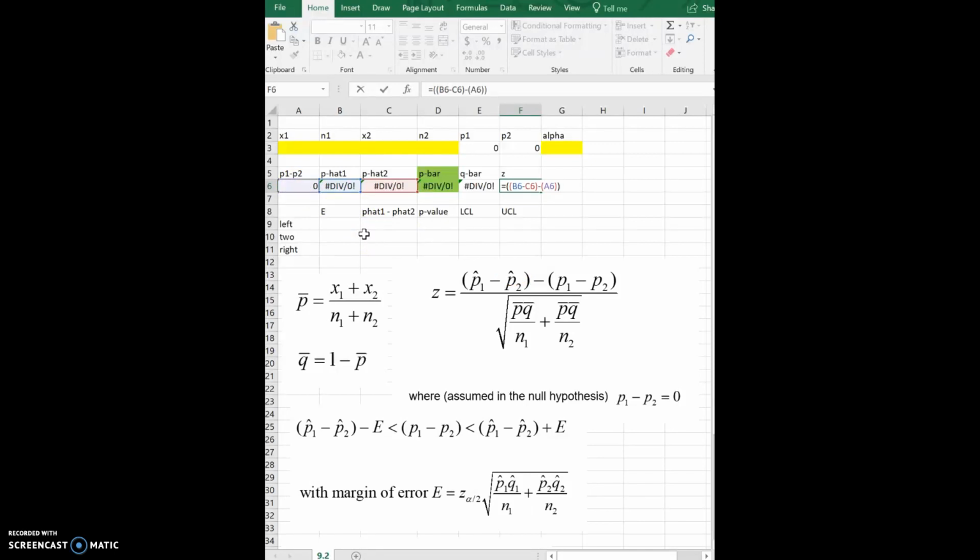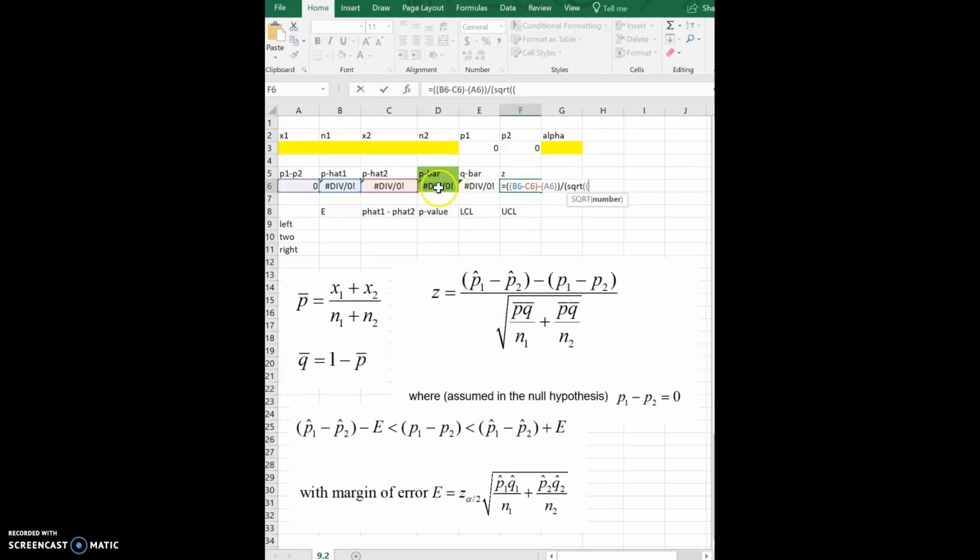That's our numerator. So now we have to do our denominator, and we're going to use a lot more parentheses here, just a warning. So divided by parenthesis, it's going to be the square root of open parenthesis, because this here is a fraction in itself. So it's going to be P pooled times Q pooled.